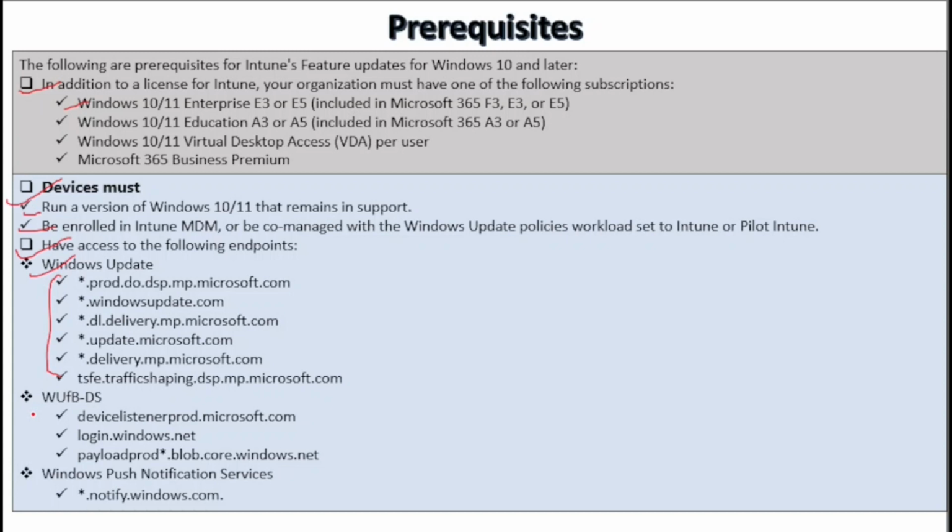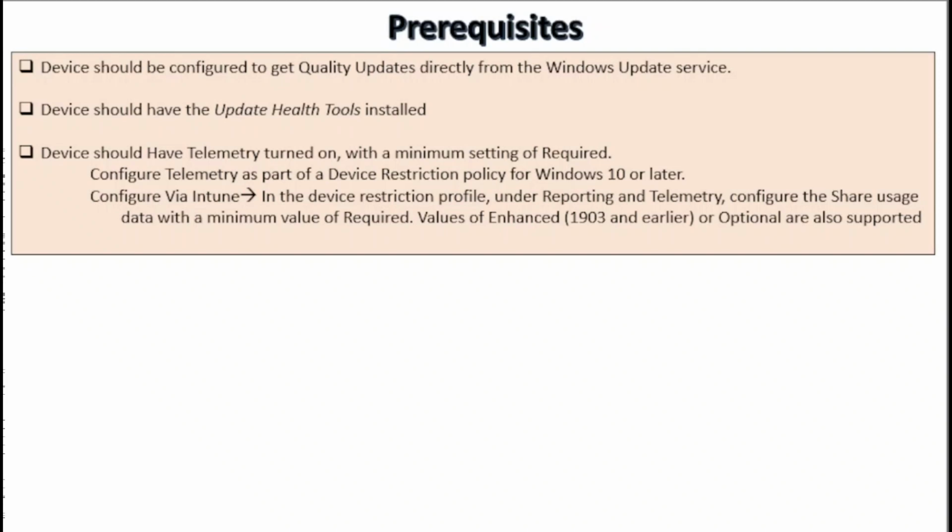And with respect to Windows Update for Business DS services, device should have access to all these URLs. And with respect to Windows Push Notification Service, device should have access to stick.notify.windows.com URL.